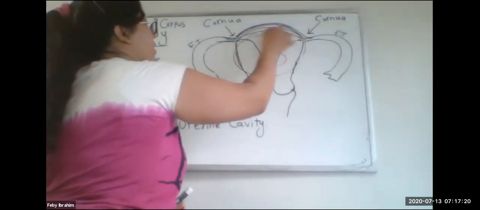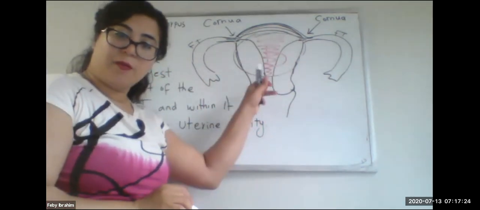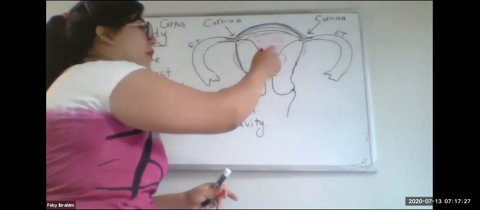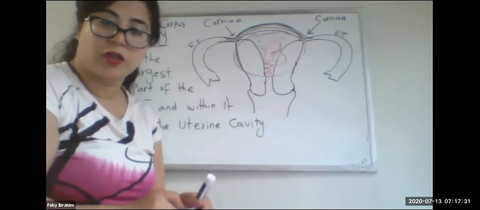This is the uterine cavity here. And the baby grows in the uterine cavity.